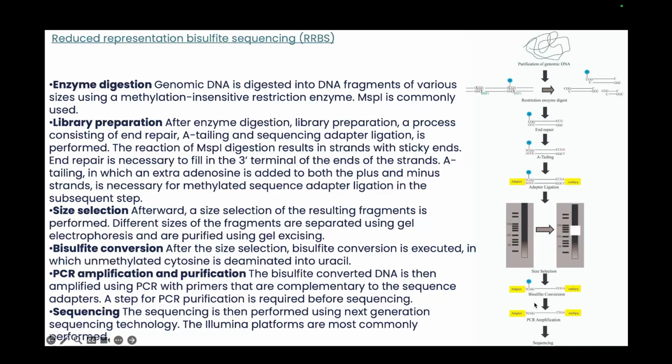Then you select the size and do bisulfite conversion, where unmethylated cytosine will be deaminated to uracil. Other than that, if it is a methylated cytosine, it will remain. So using that and the electrophoresis, you can identify at what positions the base has been methylated.